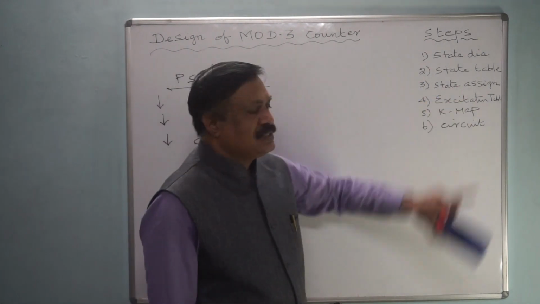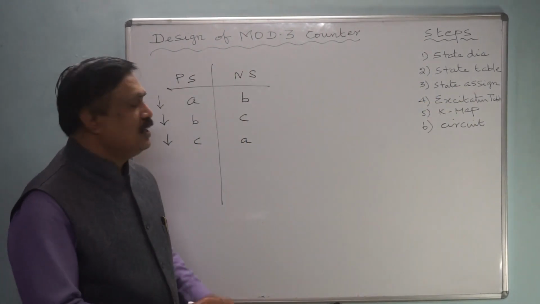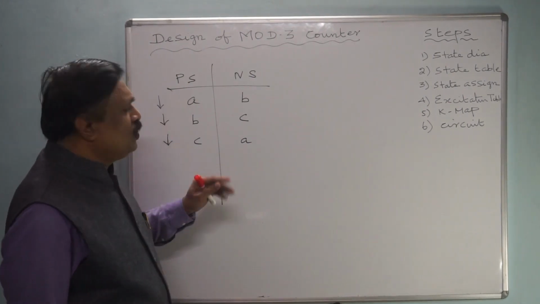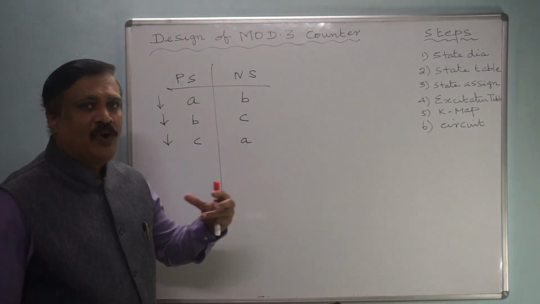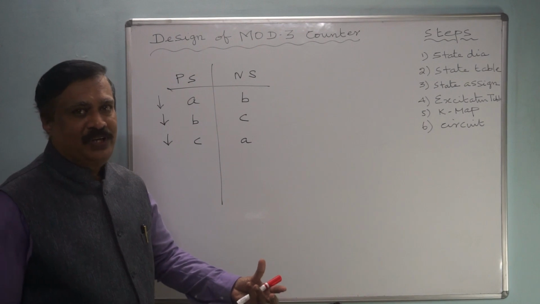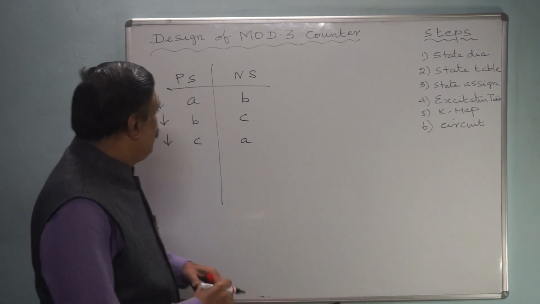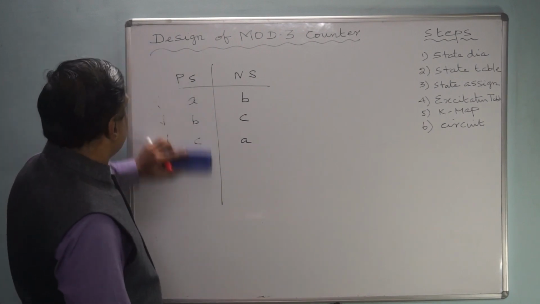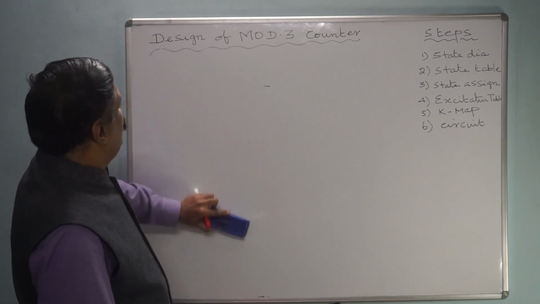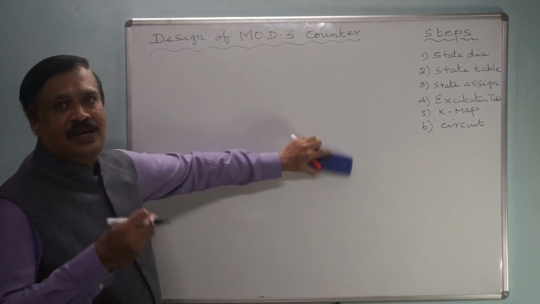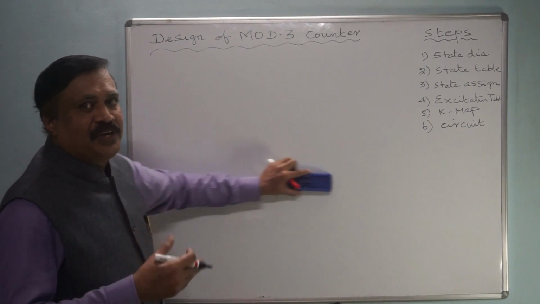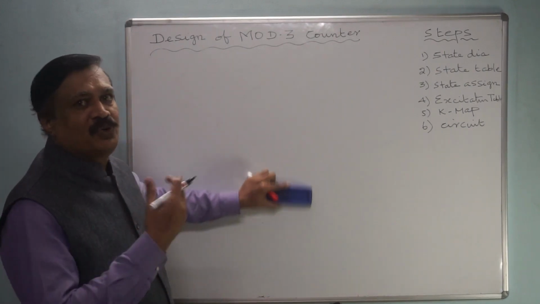Now, state assignment. Because we have to use flip-flops, how many flip-flops are required for this? You have to calculate. For that, I will erase this. You have to assign each state a number, because we are dealing with binary numbers, decimal to binary.